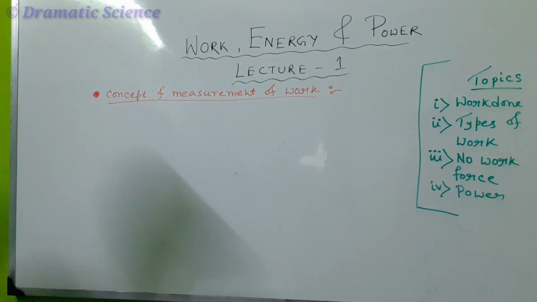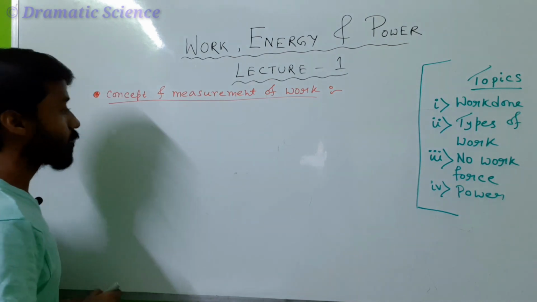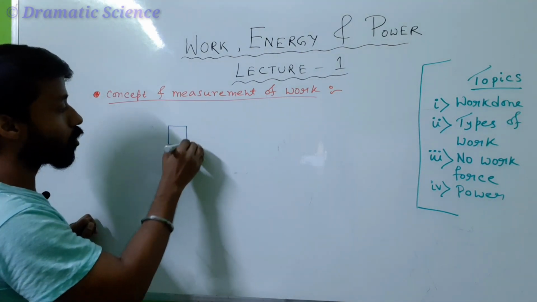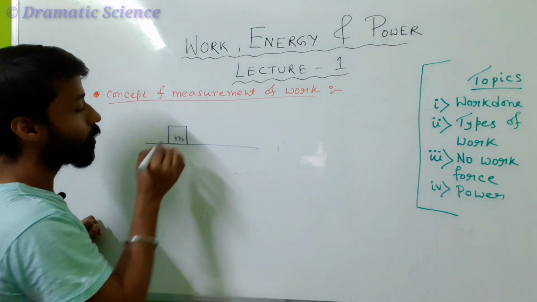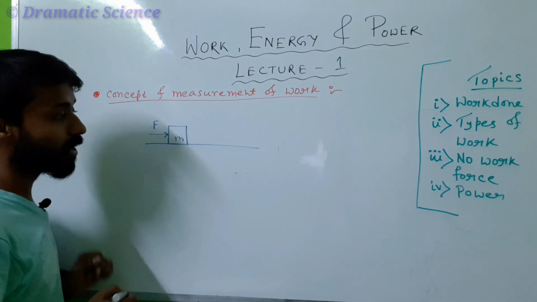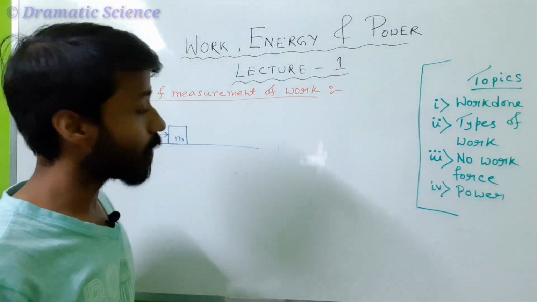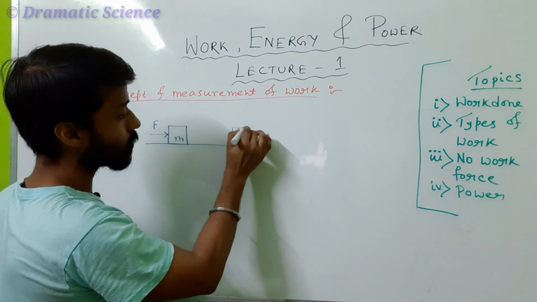So our first topic is concept and measurement of work. Suppose we are considering a block on a surface of mass m. We are applying a certain amount of force, say capital F, and after a small amount of time the body displaces to a position like this.